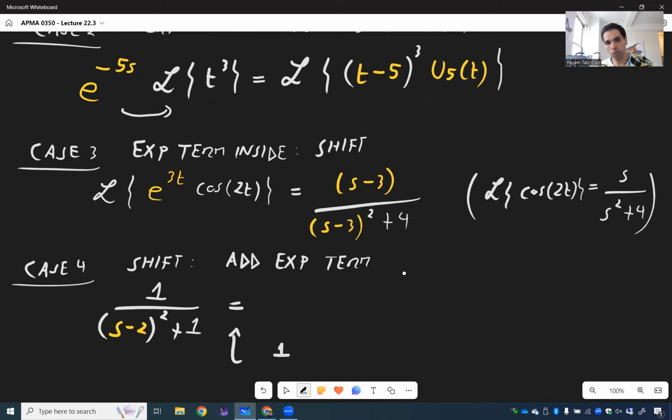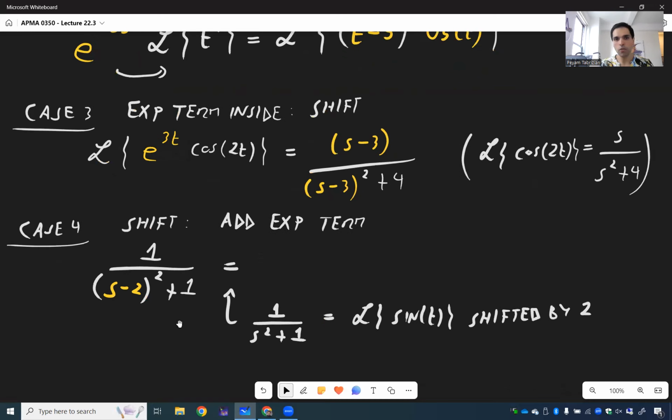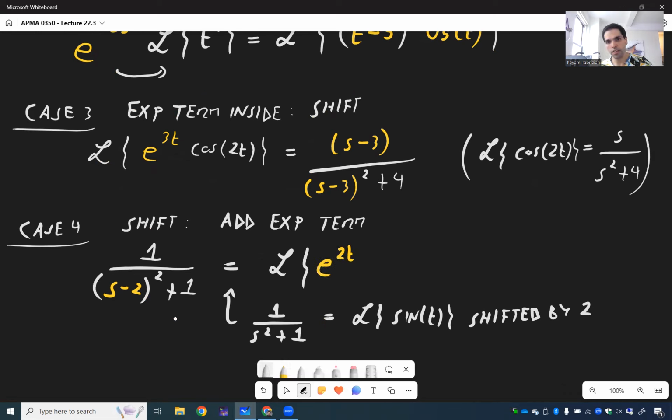So it's kind of 1 over s squared plus 1, which is the Laplace transform of sine of t, and then shifted by 2 units. And you would say, okay, because there's a shift by 2 units, we add the exponential term. So L of e to the 2t sine of t.